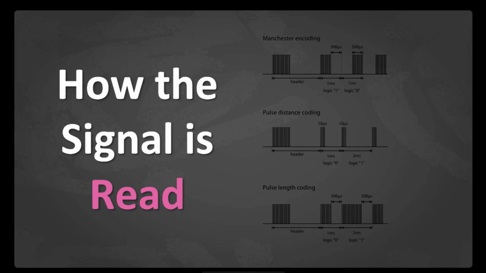This is probably not very visible, but this image is really good. Talking about that length of the pulse, there's multiple different ways you can do it. In pulse distance coding, you're talking about the start of a pulse and the next start of a pulse. In pulse length coding, you're talking about how long the pulse was.